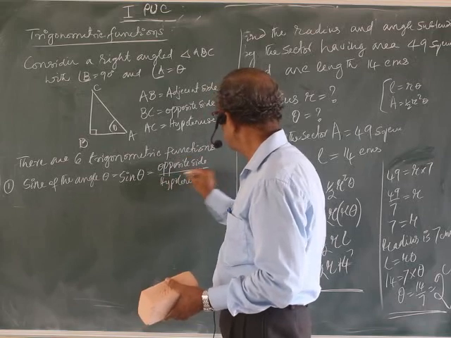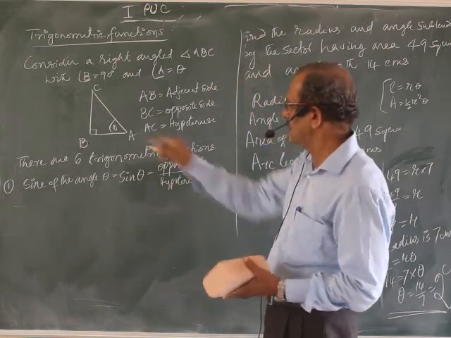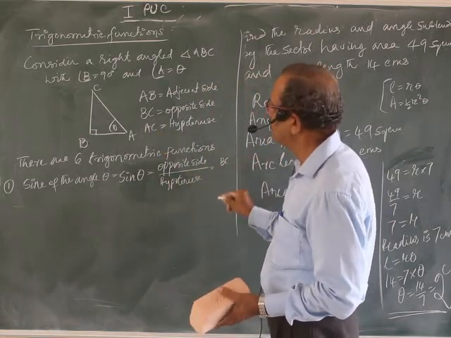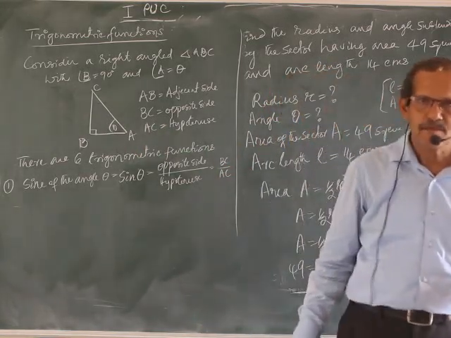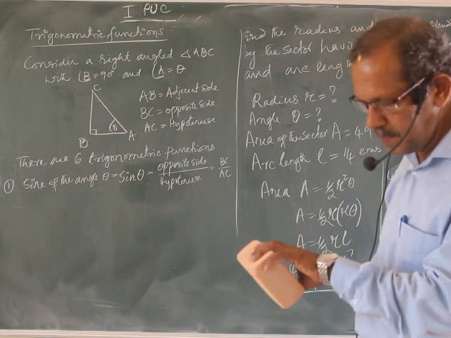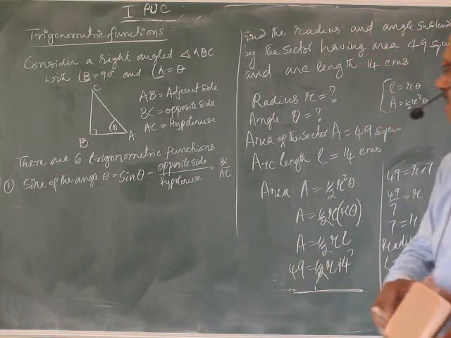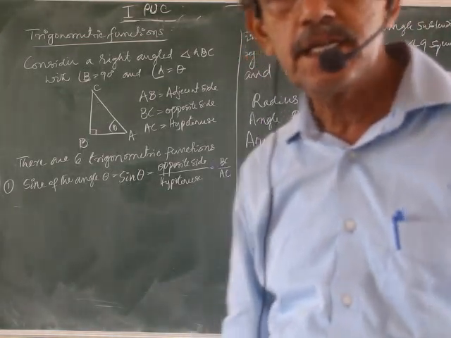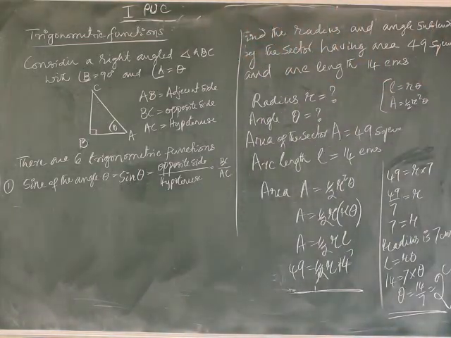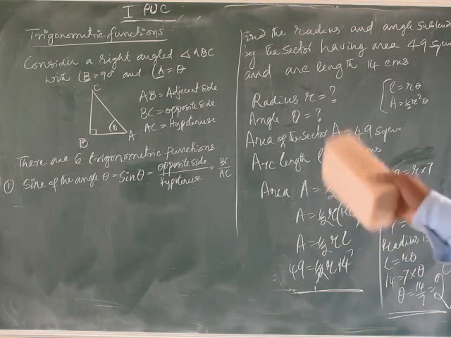And in the figure, you can now write BC divided by AC. There are 6 trigonometric functions. They are sine of the angle theta, first one. Let me continue this one.